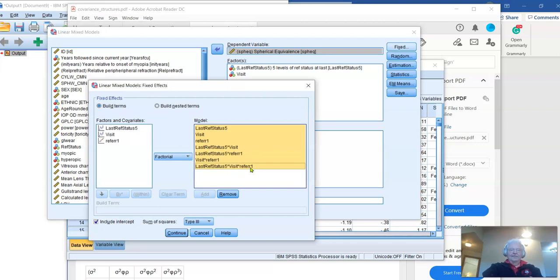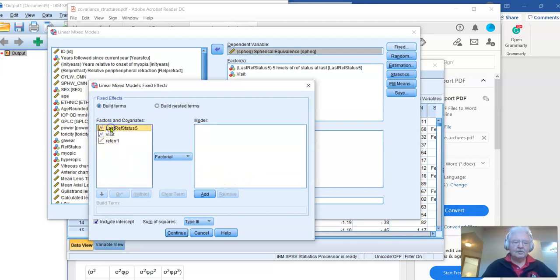And if they're not, if the relationship of spherical equivalence depends on an interaction between these, you want to include this term. You just need to. But for this purpose, we're going to just make the assumption that it's true, even if it isn't, and we're going to put this in.